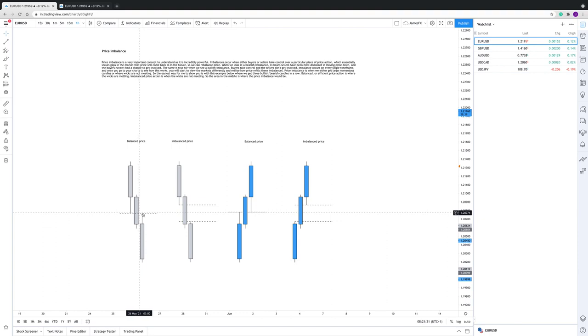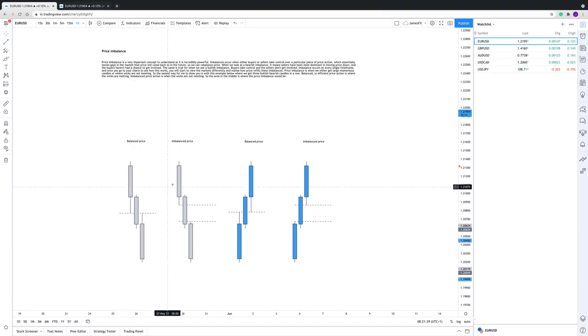So you can see there's no imbalance that has been left. Price comes down, pulls back a little bit, comes down again, and then it pulls back to rebalance and meet the bottom of this wick here with the top of the third wick.